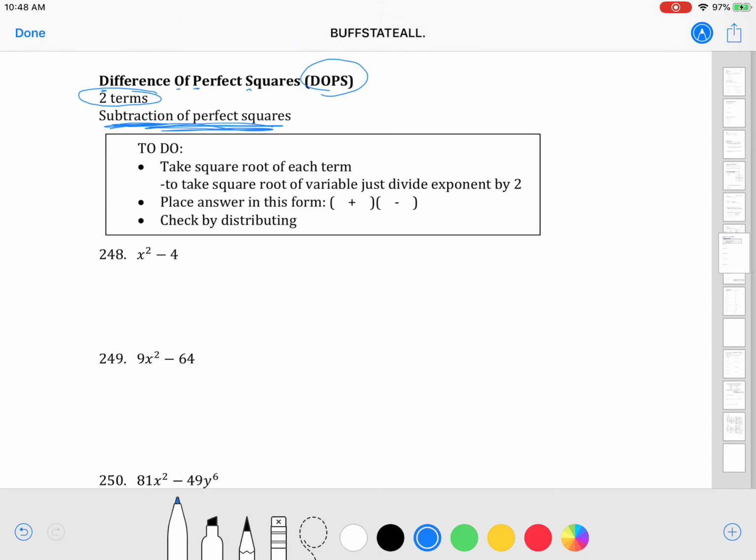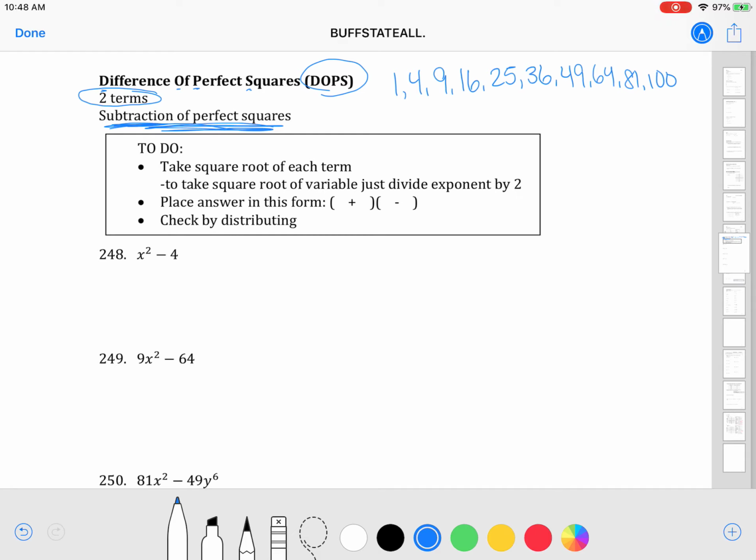Remember that list of perfect squares we had in the very beginning. 1 times 1 is 1, 2 times 2 is 4, 3 times 3 is 9. I'm just going to list them all out on the top of the screen for you. Just as a reference, again, you want to be able to recognize those numbers for this exact purpose, to notice if you're doing the difference of perfect squares method.